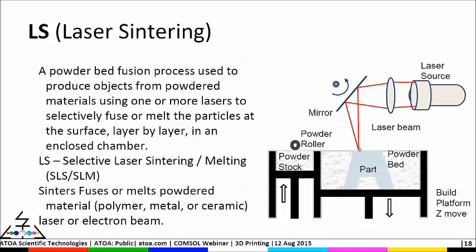Once the laser sintering is completed, this is moved one step down, and the whole process repeats: moving the roller, then sintering, and then moving down. There are two types of laser sintering. One is selective laser sintering, and the second is laser melting.